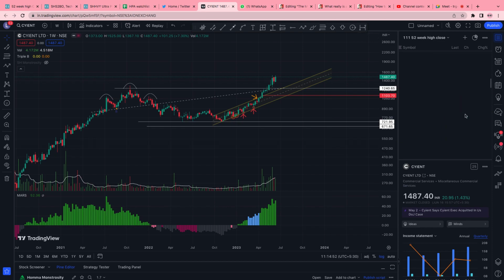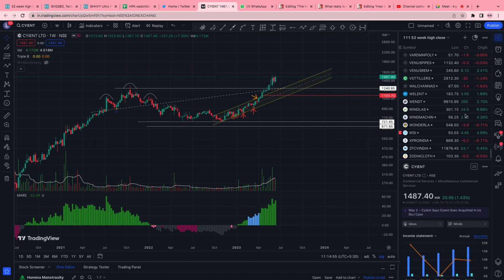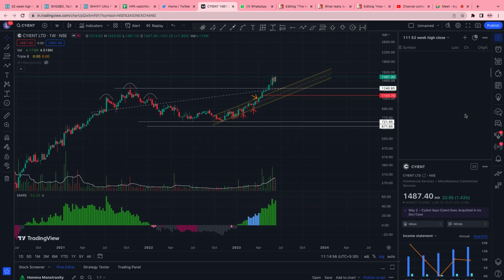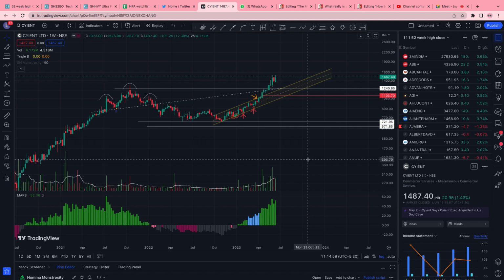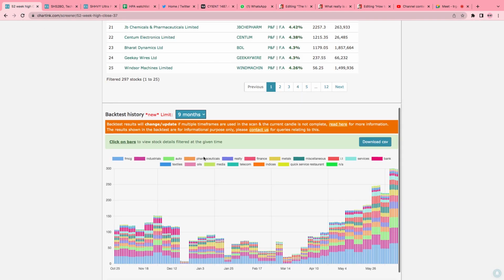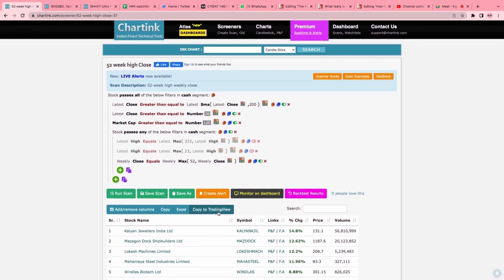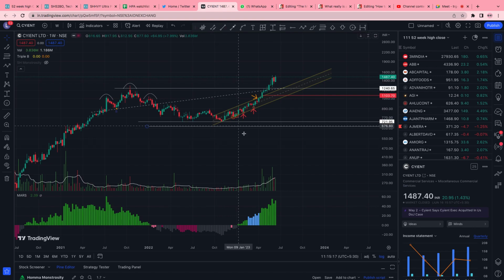So I will not be able to go through all 289 names, but the session was more to show you how to know that this could be a leader. Okay. And summarizing everything, you will always find leaders in this scan, because leaders will continue to make 52-week highs, and they will never stop unless they are basing or coming down.